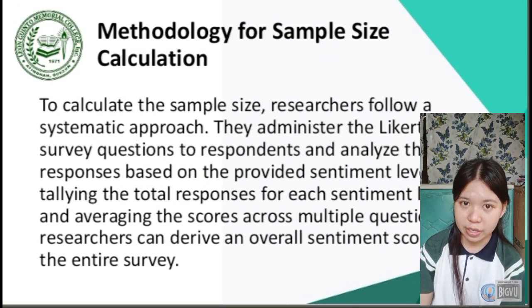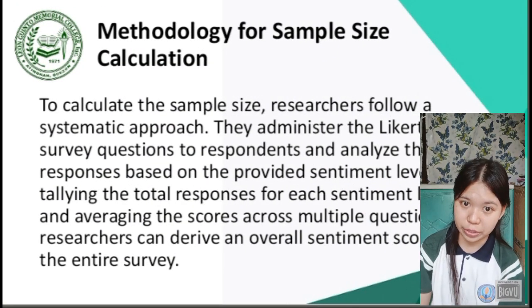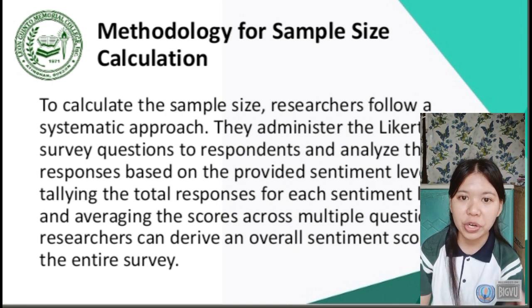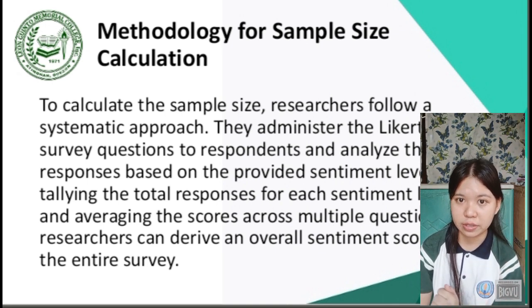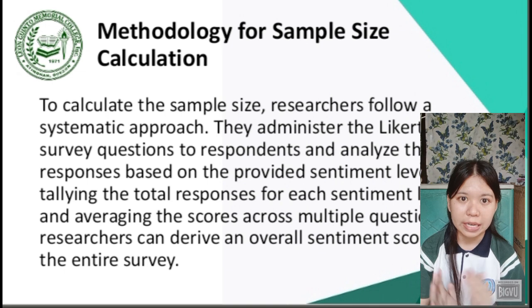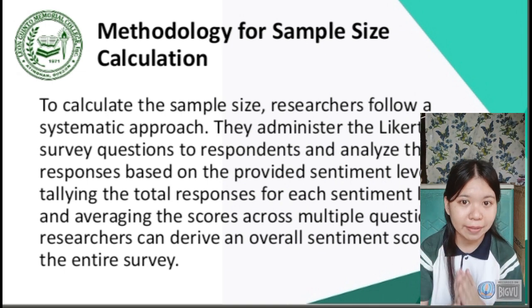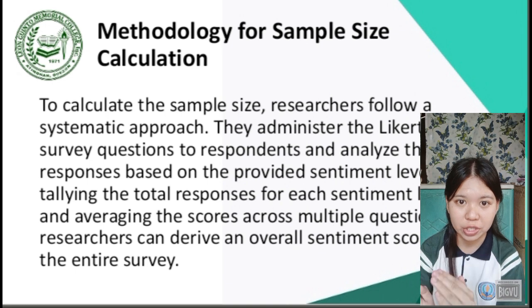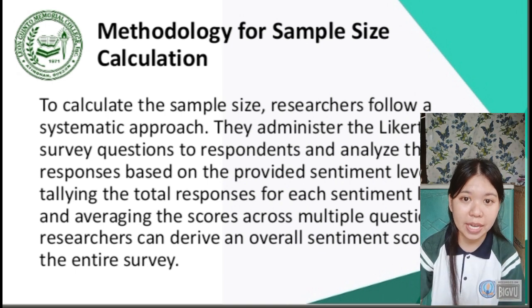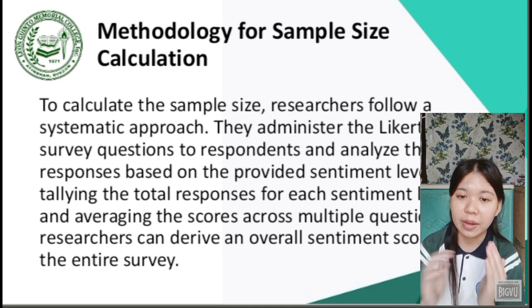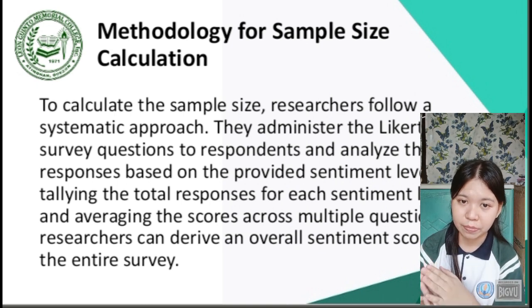Now let's understand Likert scale survey results. So there are two. First is for the individual question scores. In a survey with 3 questions and 2 respondents, the sentiment score for each question is calculated by adding up the responses and dividing by the number of respondents.